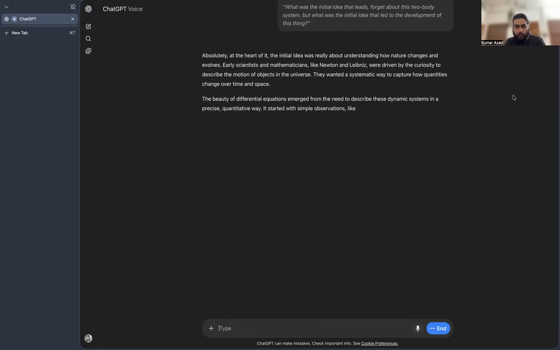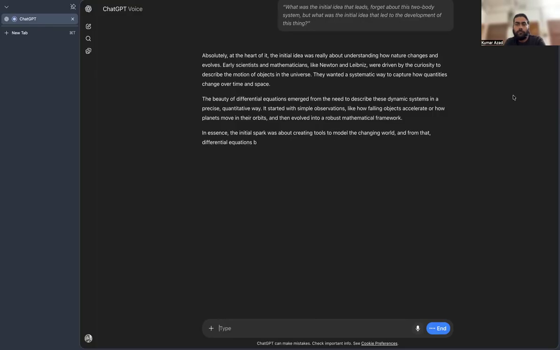It started with simple observations like how falling objects accelerate or how planets move in their orbits, and then evolved into a robust mathematical framework. In essence, the initial spark was about creating tools to model the changing world, and from that, differential equations became a fundamental language of science and engineering.